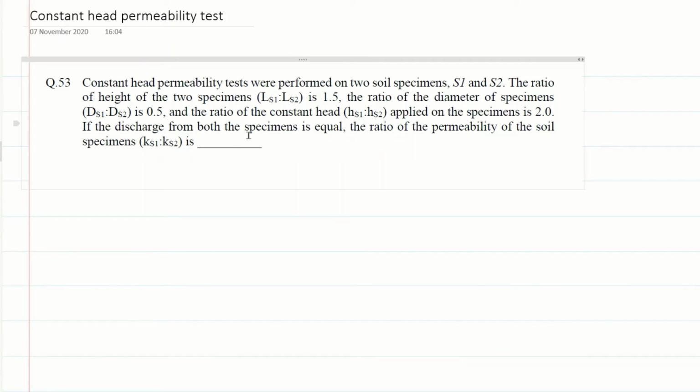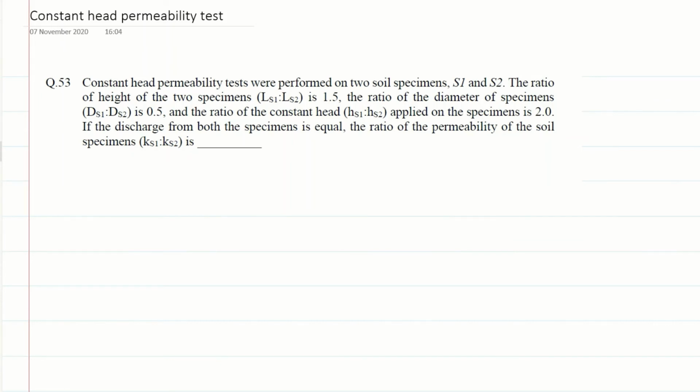If the discharge for both the specimens is equal, the ratio of their permeability is being asked. So here, for my convenience, instead of S1 and S2, I will take 1 and 2. So this is L1, L2, D1, D2 and this is H1, H2 and this as K1 and K2.